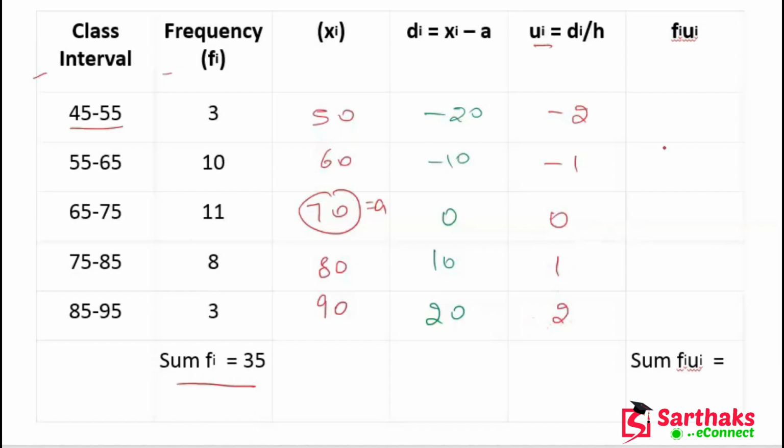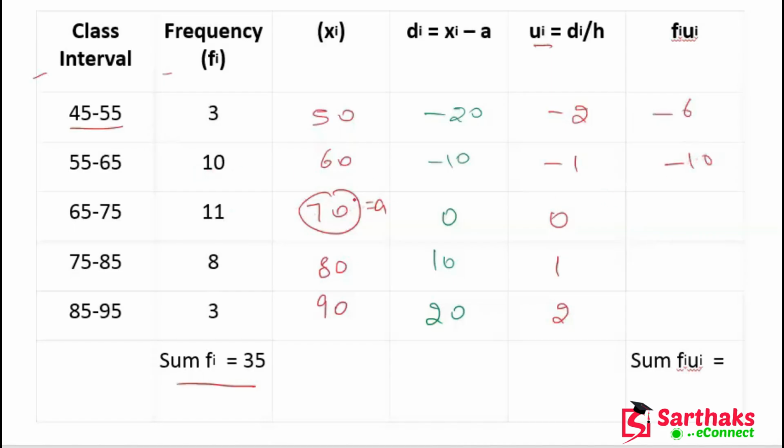So now my dear friends, we have to find fiui, which means we multiply fi into ui. If we multiply f1 into u1, we get minus 6. If we multiply f2 into u2, we get minus 10.